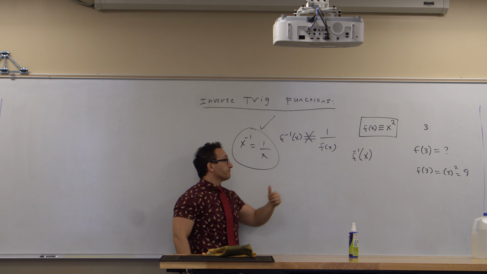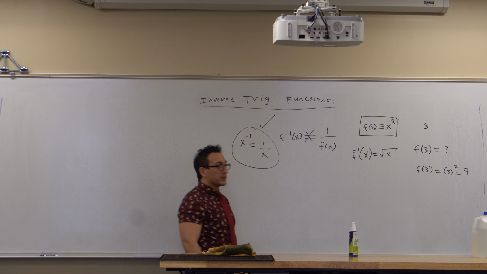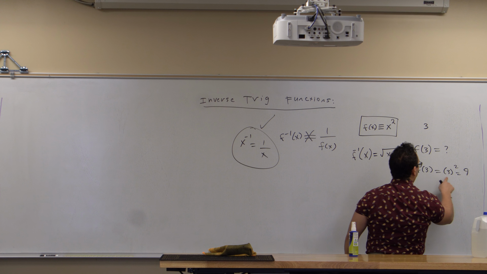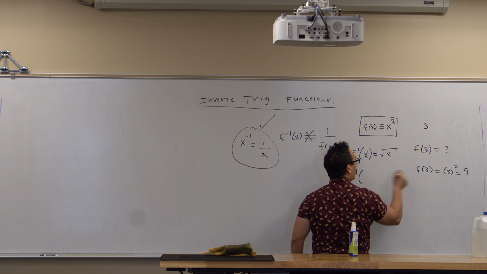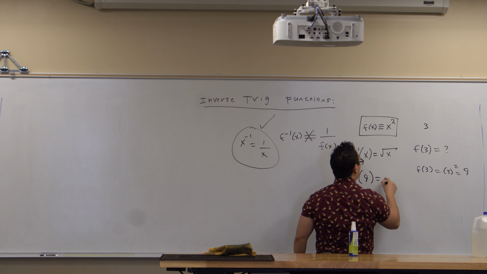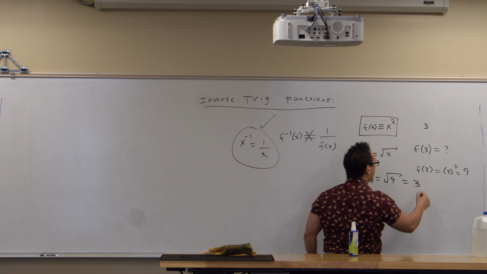It means f inverse of x, in the case of x squared, is actually another function, square root of x. How did you come up with that? Well, if f of 3, which is 3 squared, is 9, then f inverse of 9 is equal to square root of 9, which is 3.